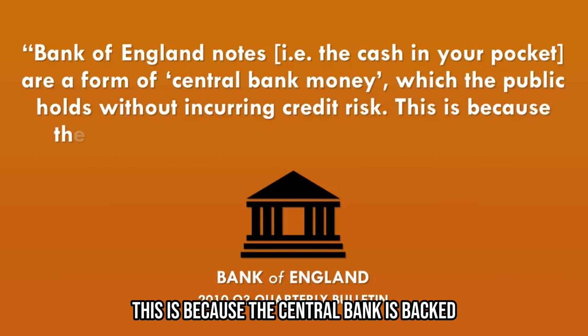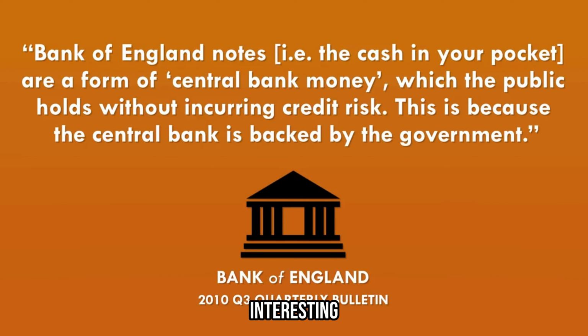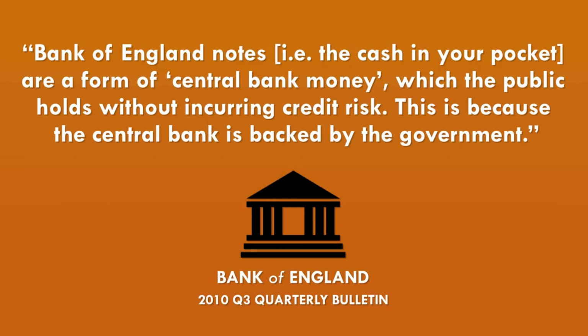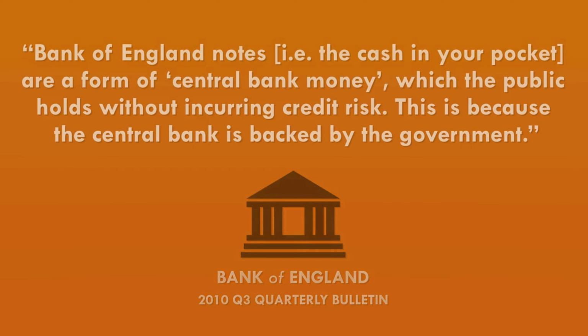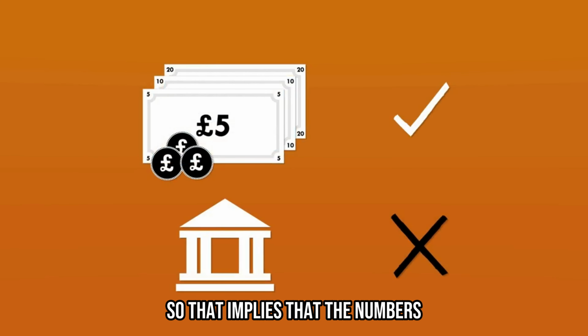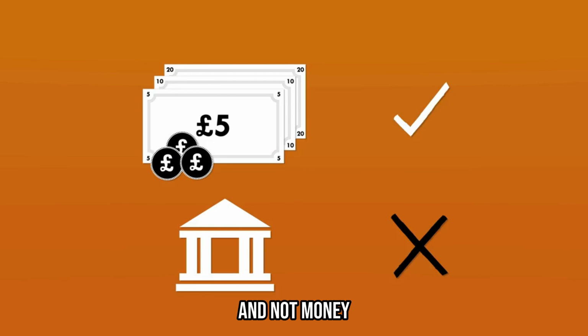This is because the central bank is backed by the government. Interesting. So, cash has no credit risk because it is backed by the central bank, which is backed by the government. But the commercial banks aren't backed by the government. So that implies that the numbers they type into people's accounts must be credit and not money.